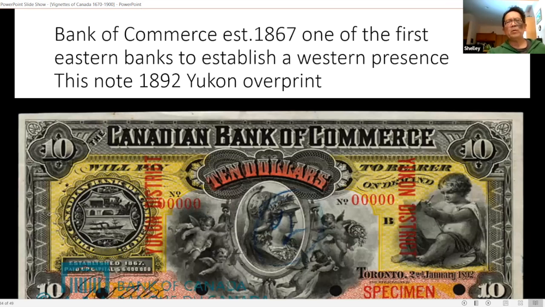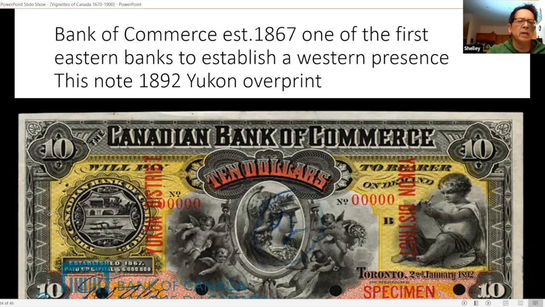At this time period too, there's the gold rush going on in the Yukon, and the Bank of Commerce, which was again a private banknote company, was one of the first Eastern banks to go out into the West. And here you have an overprint with Yukon District in red, with the red numeration there, and you have much more elaborate cresting here.